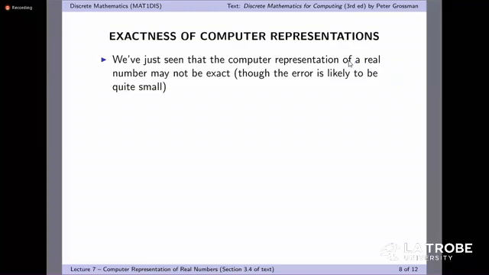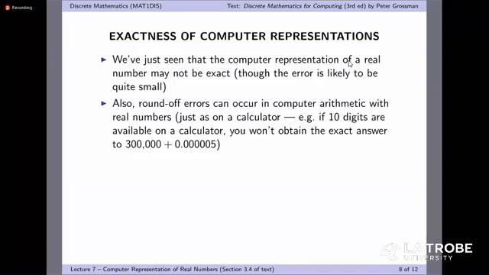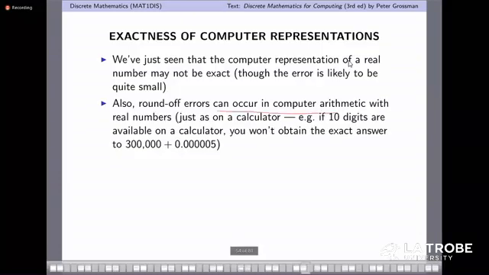So what we've seen is that the computer representation of a real number may not be exact, but the errors are very, very minor, very, very small. Also, round-off errors can occur in computer arithmetic with real numbers. For example, I gave an example of a calculator several times now: if you have only 10 bits available and you want to represent a number which is 11 bits, then it will show an error.